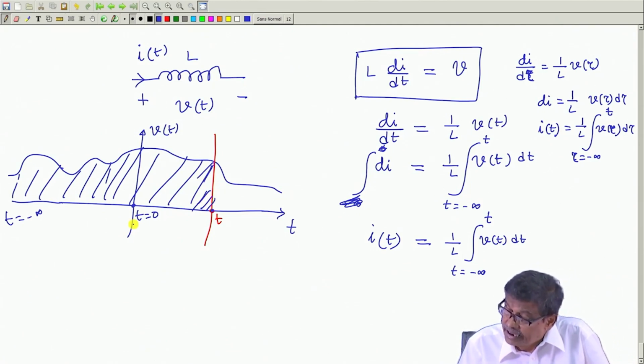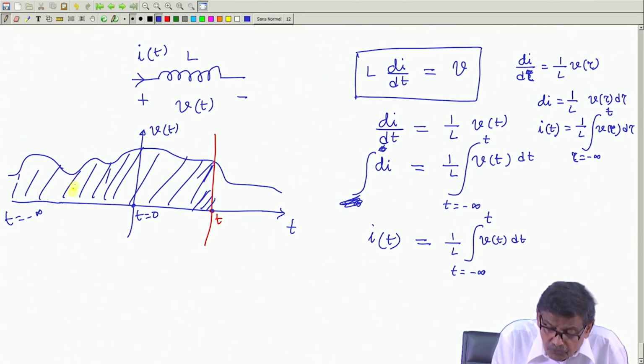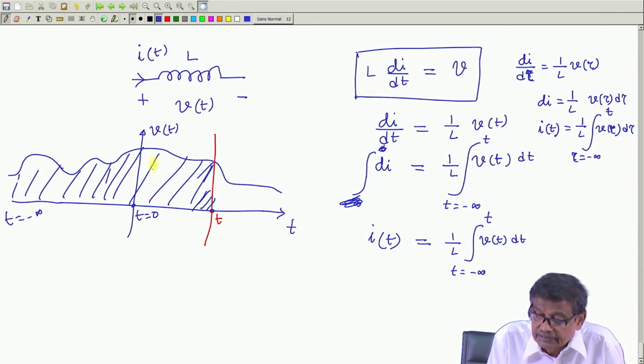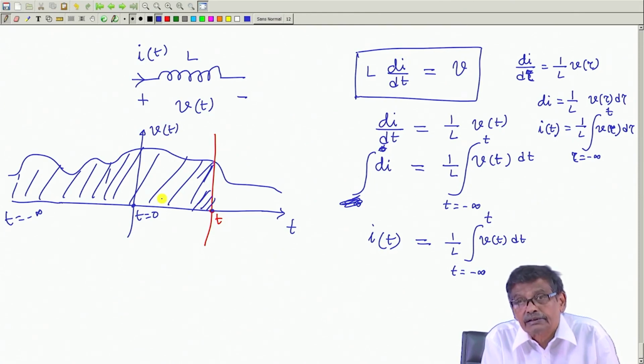To calculate the area under this voltage-time curve up to time t, you will require all the previous voltages that you had applied across the inductance.